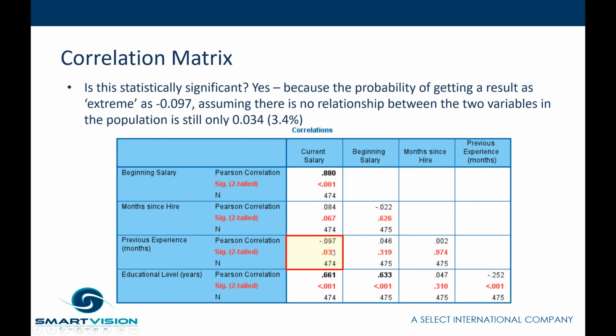But, is this statistically significant? Yes, because the probability of getting a result as extreme as 0.097, assuming there is no relationship between the two variables in the population, or assuming that the correlation is 0 in the population, is still only 3.4%.